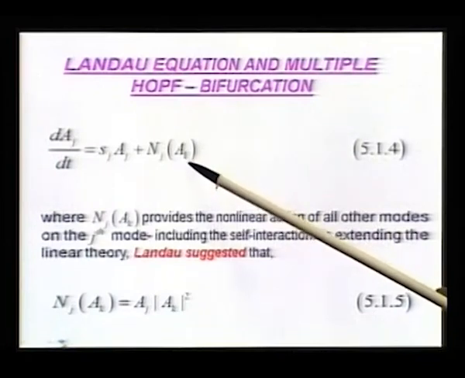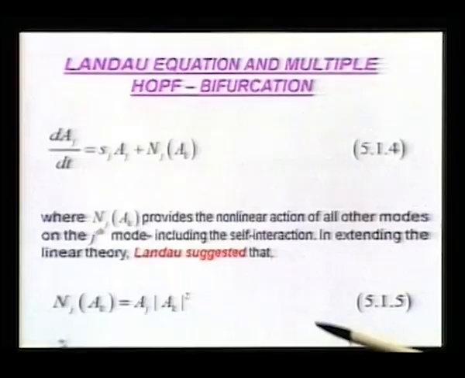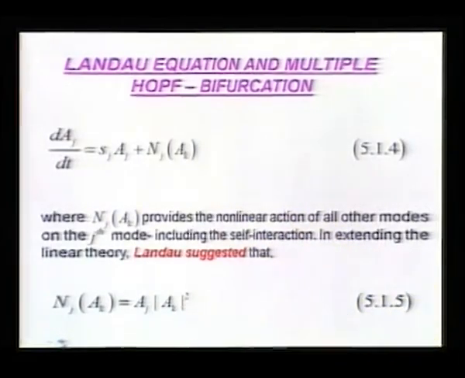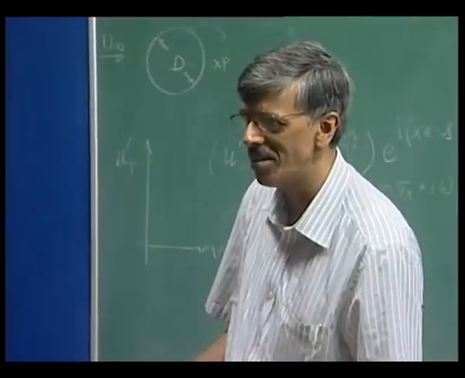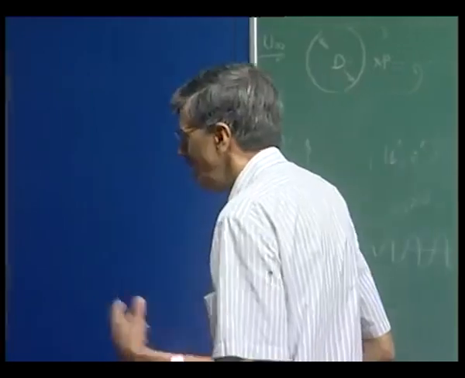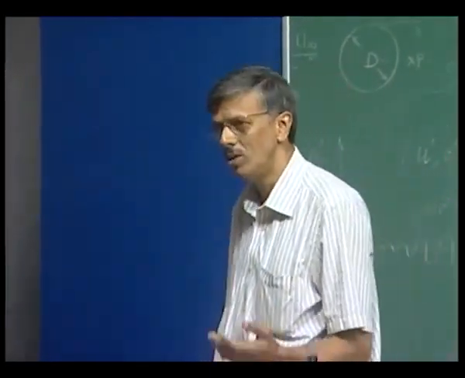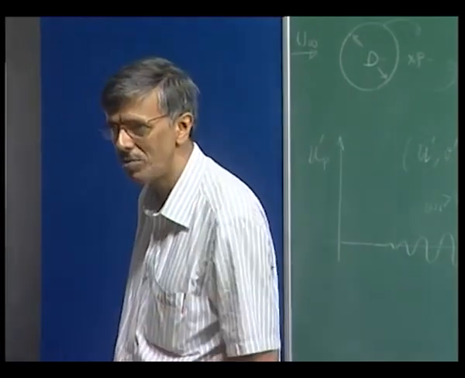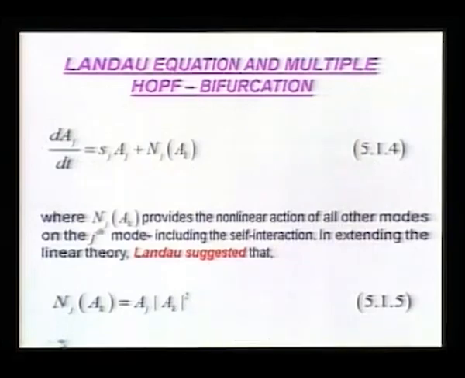So A_k is written as something like a sum over all possible k. Now, Landau himself suggested that this is what it should be. In fact, let me confess, Landau didn't really suggest this. This came about with further refinement of Landau's model by Stuart and Watson, and you see it also in the monograph of Drazin and Reid, and also the book that I have just written with Professor Poinsot.